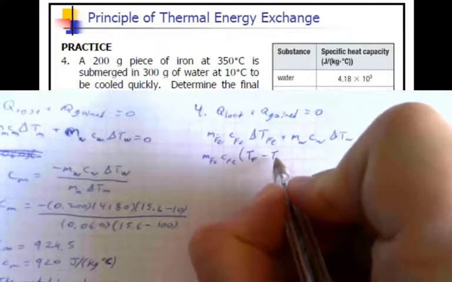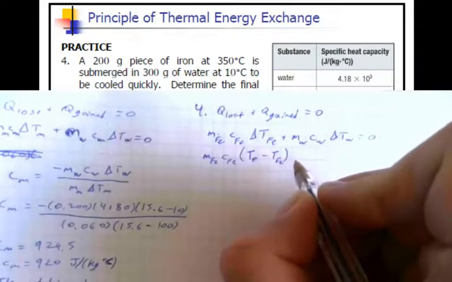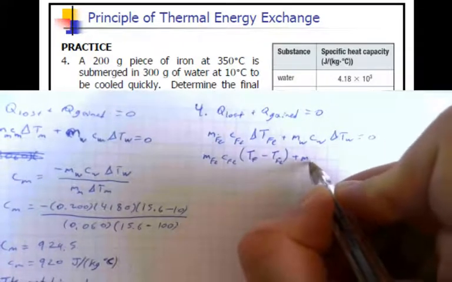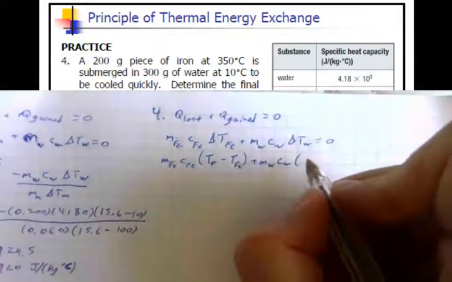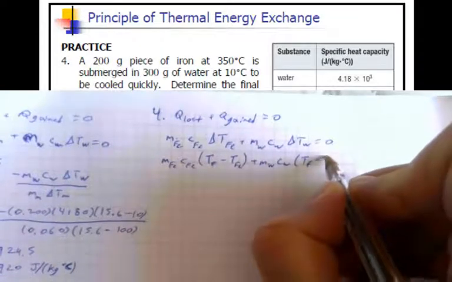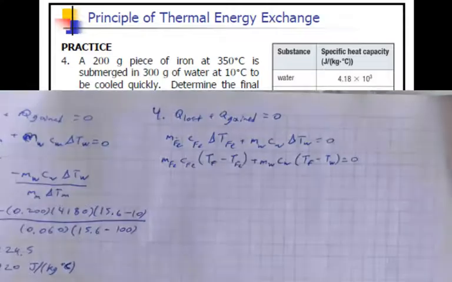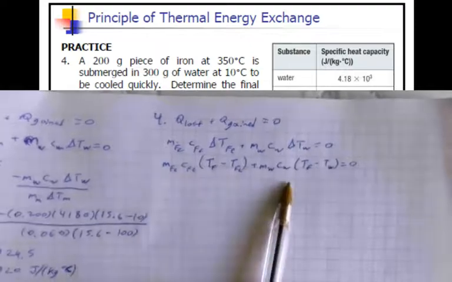But my initial, I'm just going to call it TFe, because I don't need to put the I in there, since it's the only thing that would have a subscript Fe. And then here we have my TF minus TW. So I need to isolate this for TF.